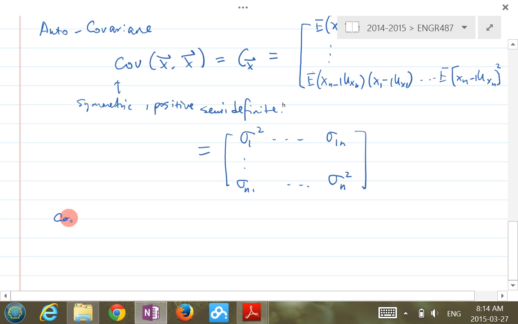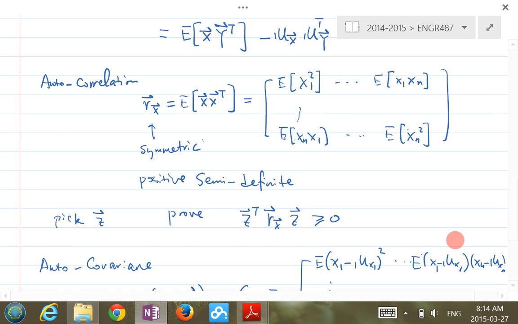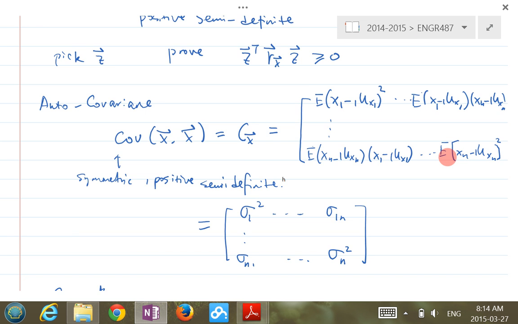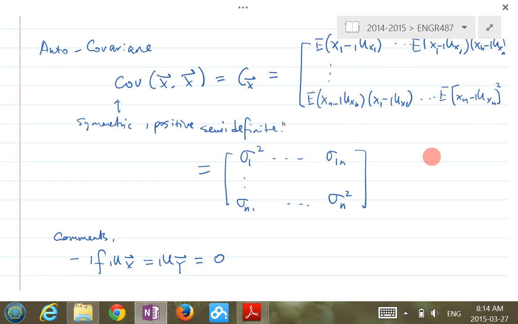Just a few comments comparing the correlation matrix and the covariance matrix. First, suppose mu x and mu y, the expected values of the two random variables, are 0.